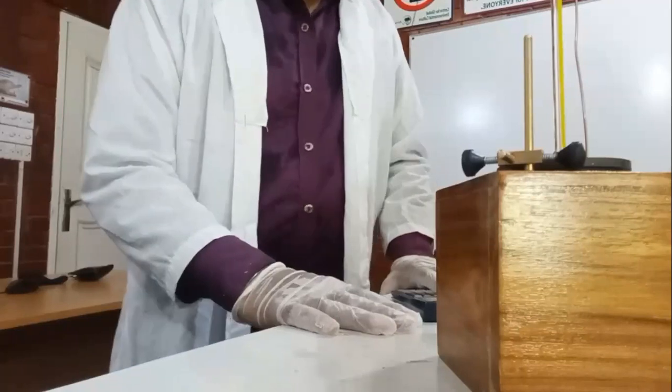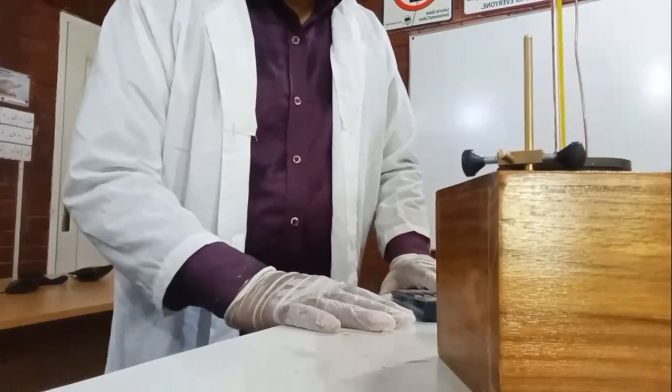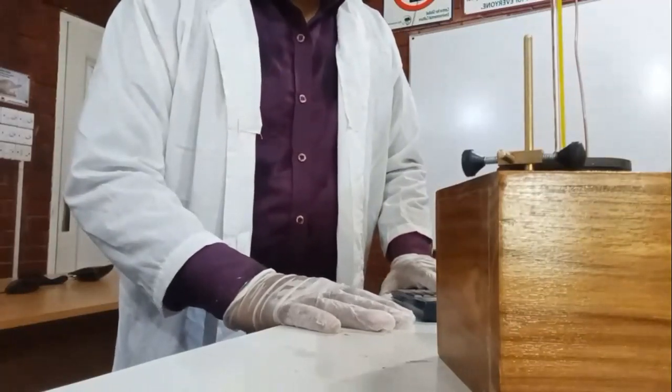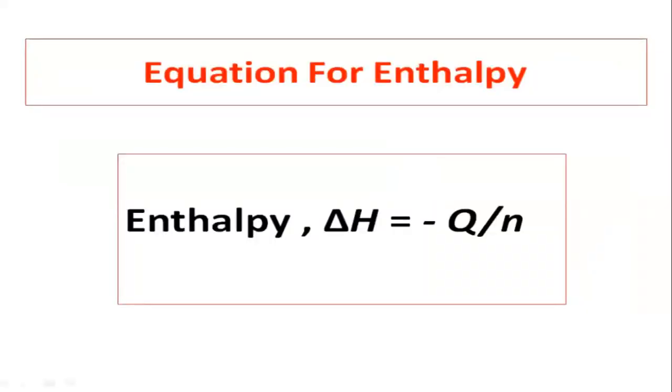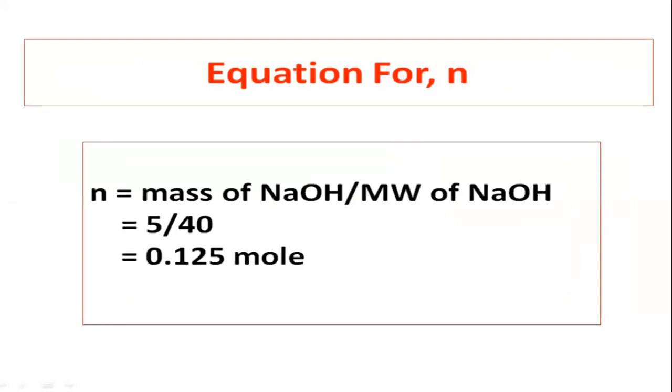Now you have to calculate enthalpy. For enthalpy, we know the equation ΔH = −Q/N. Q we already know, 4.598 kilojoule. Now we have to calculate N. N equals mass of solute divided by molecular weight of solute. We have taken 5 grams of sodium hydroxide.